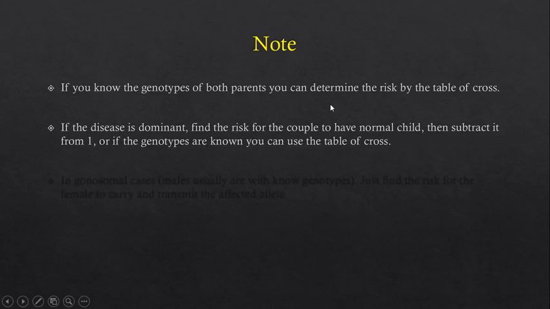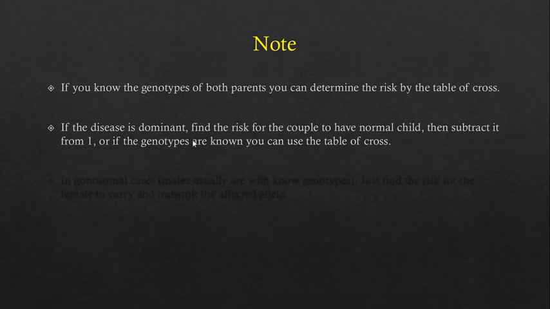When you calculate the risk by using the rule applied on any of the cases that we mentioned, then you have to subtract the result that you obtained from 1. So 1 minus the result will lead you to know the risk for this couple to have a diseased child.